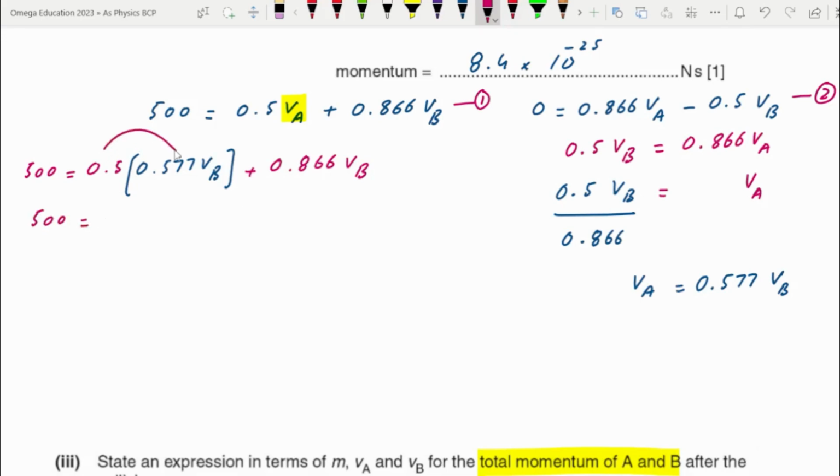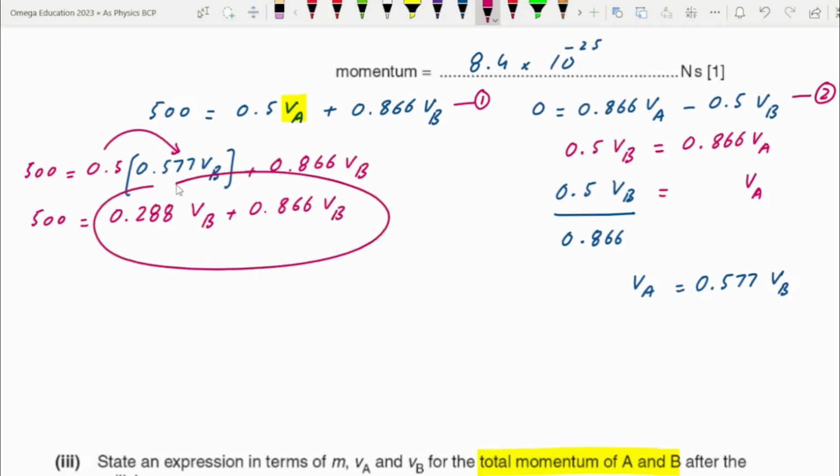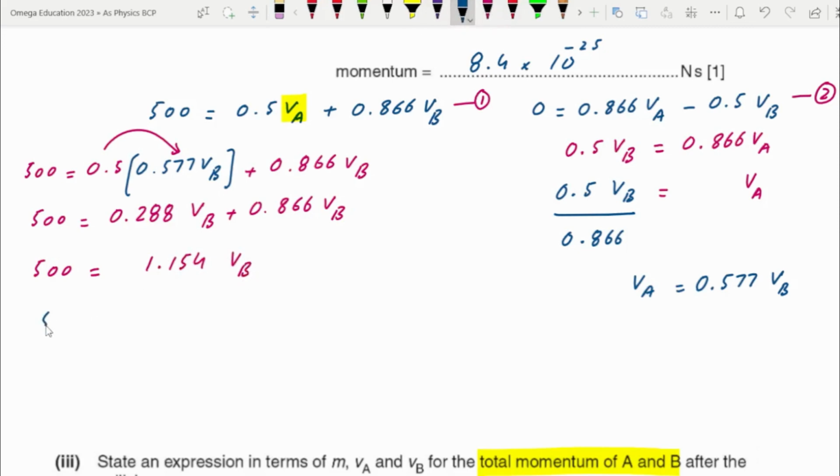First thing, 0.5 times this, what do we get? 0.288 VB plus 0.866 VB. So these two are like terms, they can be added. So 0.288 plus 0.866, what do we get? 1.154 times VB. So 1.154 would be shifted on the other side and it would divide 500.